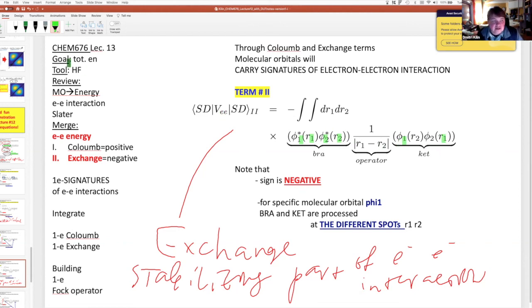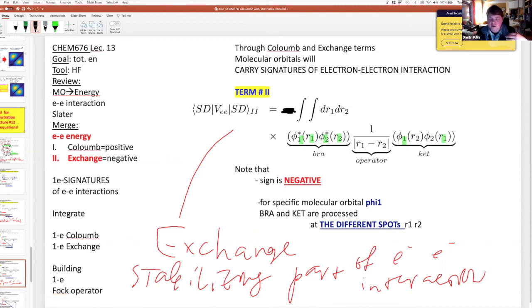And then this term will be completely negative. So when computing the overall energy of electron repulsion, we will have 2 terms. One term is positive, another is negative. If you have only the positive term, it will be unphysical. But if we add the negative term, they will approximately compensate each other and add stability to the system. So when the energy is not as high, it is more stable.